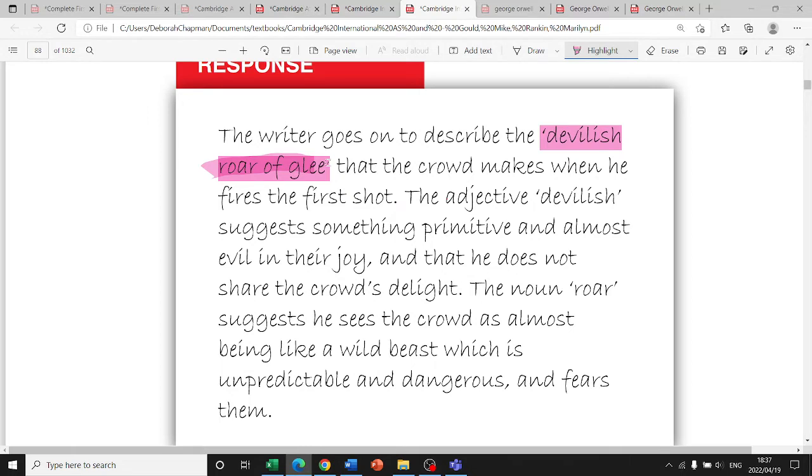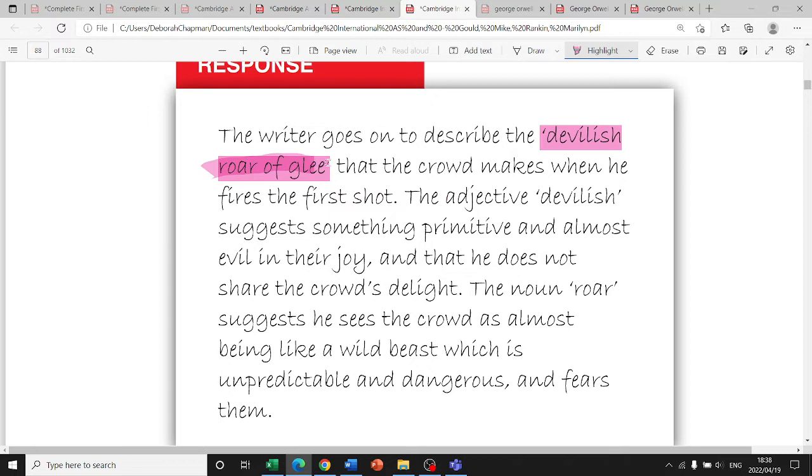And look how nicely the student has embedded the quote. So he's identified this phrase, devilish roar of glee, and if you look at the text, it definitely stands out. There's something really horrifying and scary about it, which is definitely what the writer is trying to do. Orwell is in many ways trying to divert the blame and the attention.